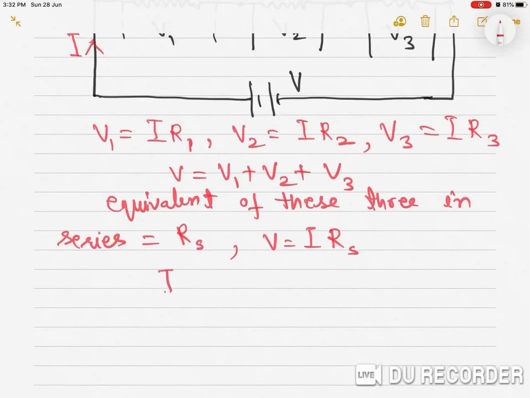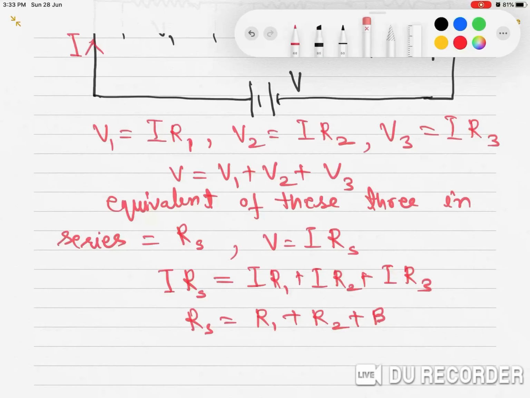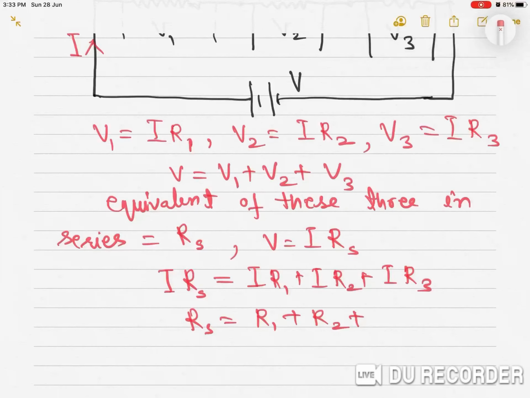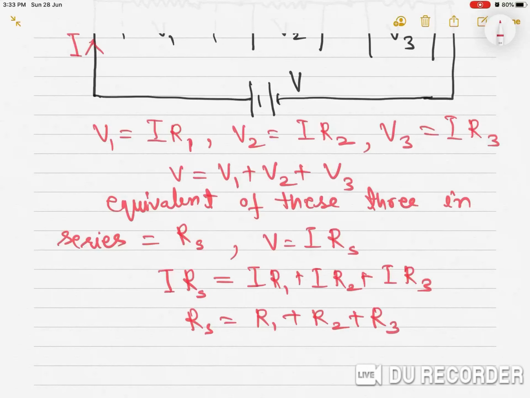So, I R S is equal to I R1 plus I R2 plus I R3. So, I is common. So, R S is equal to R1 plus R2 plus R3.